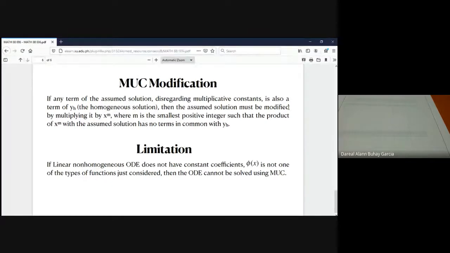There's also a situation where we need to modify the assumed solution.